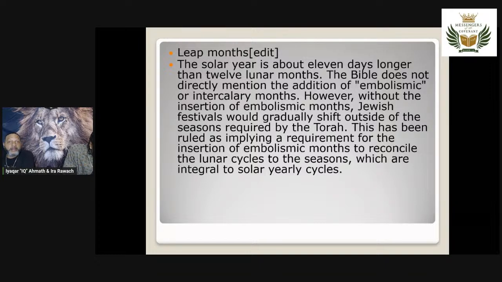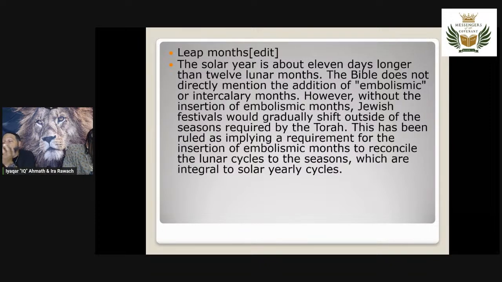Now divide 719 by 2. 359.5, right? So if we round up from the 0.5, we'll get 360, which coincides with what the scriptures pronounce, right? If the scriptures say that there was 30-day months and it's 12 months in the year, that equals 360.